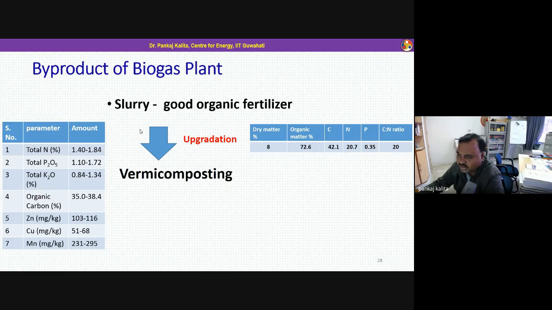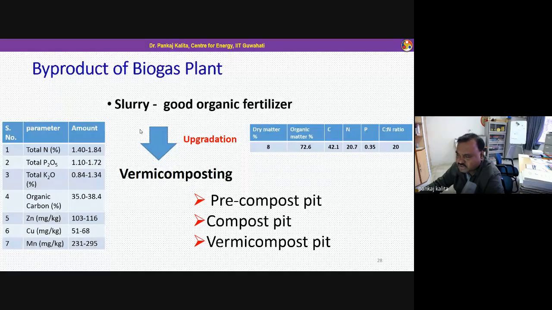So we can upgrade this organic fertilizer, what we normally generate from anaerobic digestion, and that process is known as vermicomposting. In vermicomposting we'll have 3 compartments: pre-composting, compost pit, and then vermicompost pit.